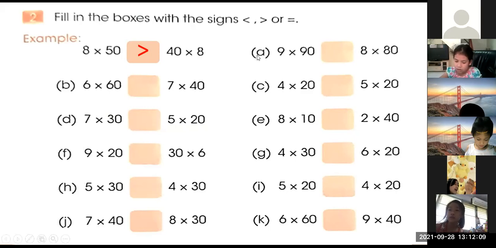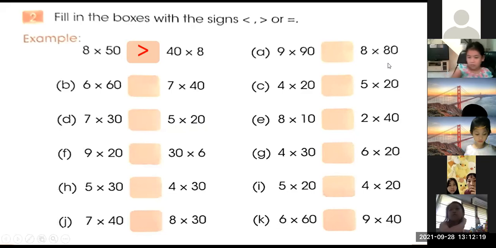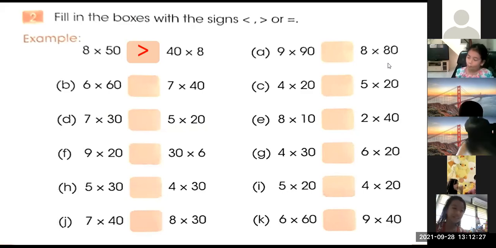If we multiply 9 times 90, it is 810. 8 times 80 is equal to 640. Now, what is your answer in letter A? Greater than, smaller than, or equal to?